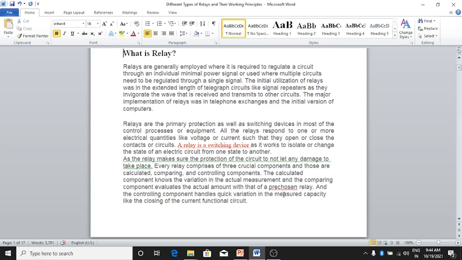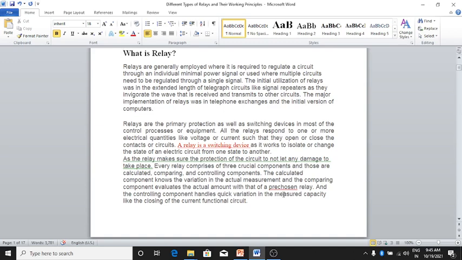Relays are the primary protection as well as switching device. Switching means to make on and off connection, or open or close the circuit. In most of the control processes or equipment, all the relays respond to one or more electrical quantities like voltage or current such that they open or close the contact or circuits.